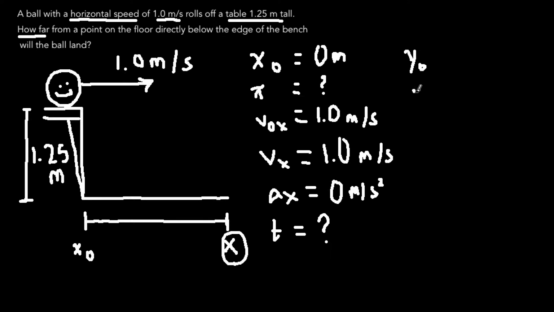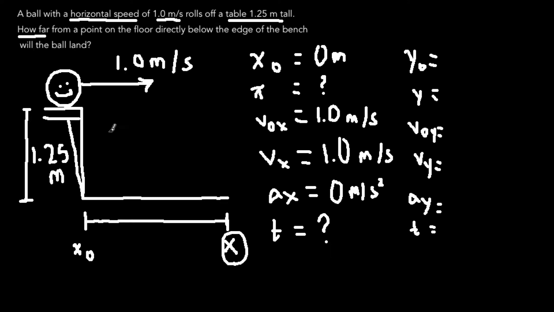Now we go to the y's, because the y's will also help us hopefully find this x right here. We're just going to set up the problem in a similar manner. This is where things can get tricky, because I'm going to start with the acceleration in the y direction.